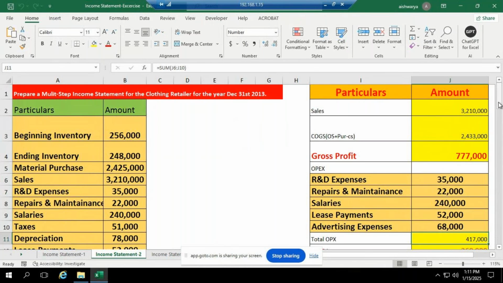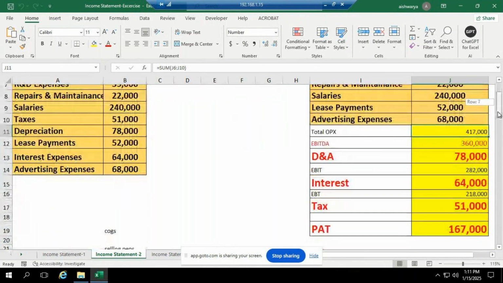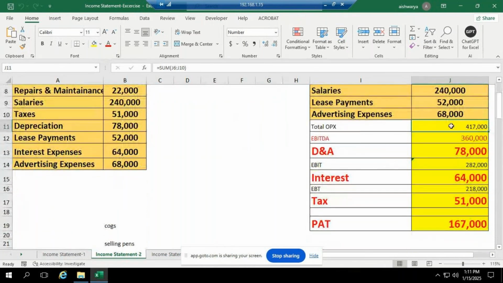Total operating expenses you'll get here as 4,17,000. After that, gross profit minus total operating expenses gives you EBITDA, that means earnings before interest, tax, depreciation and amortization. Depreciation is 78,000 as mentioned here.